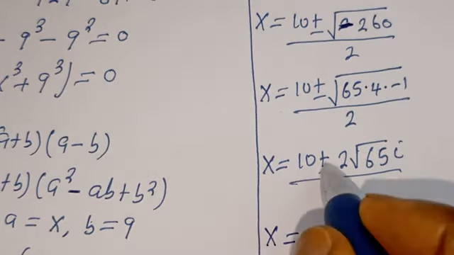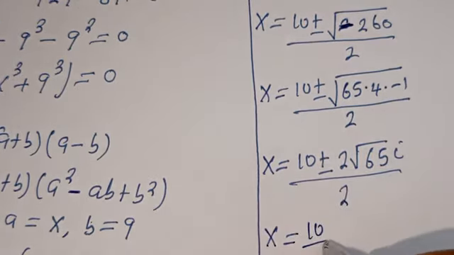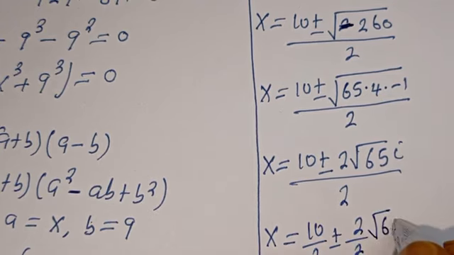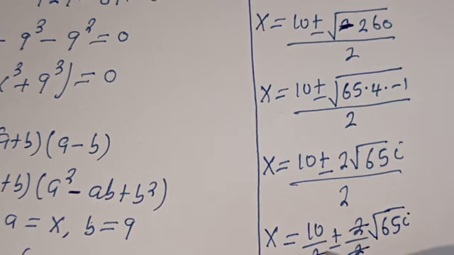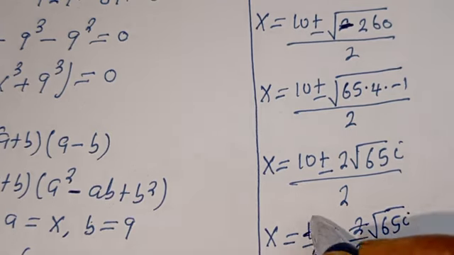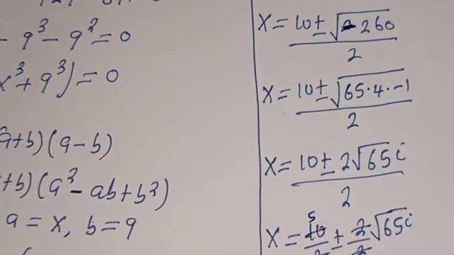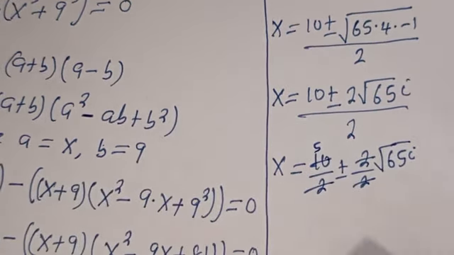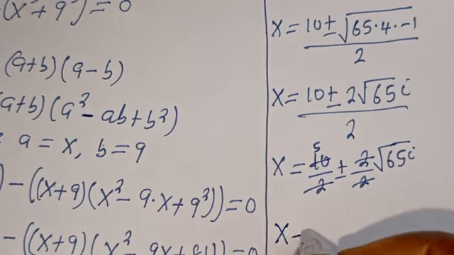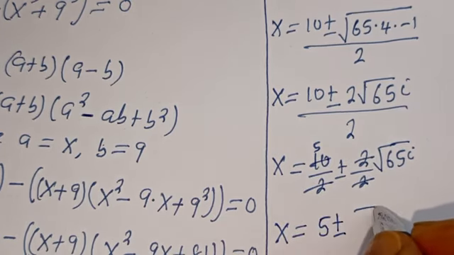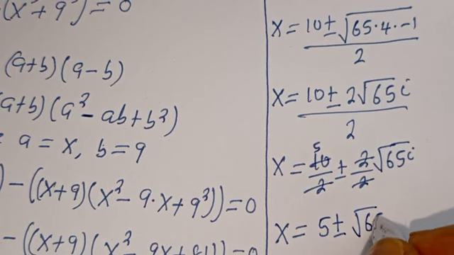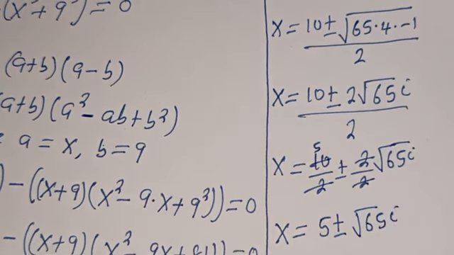s is equal to 10 divided by 2 plus or minus 2 divided by 2 square root of 65i. This will cancel this. This will cancel this. We have 5. s is equal to 5 plus or minus square root of 65i.